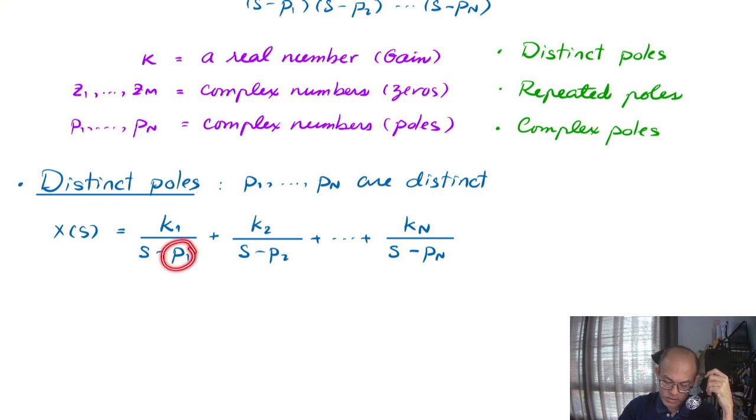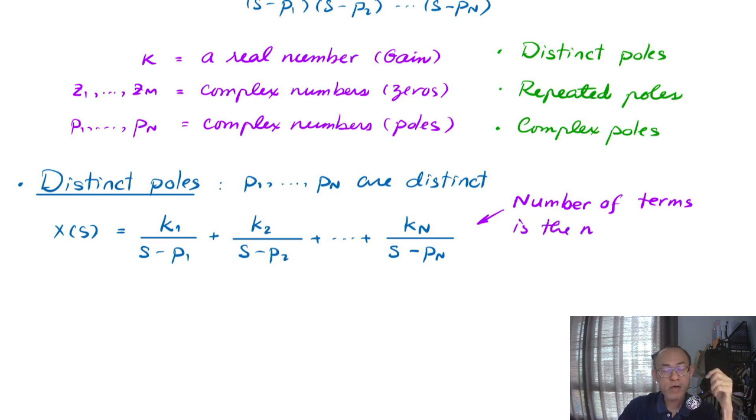Okay, so these are each of the poles. The number of the terms here is equal to the number of poles.